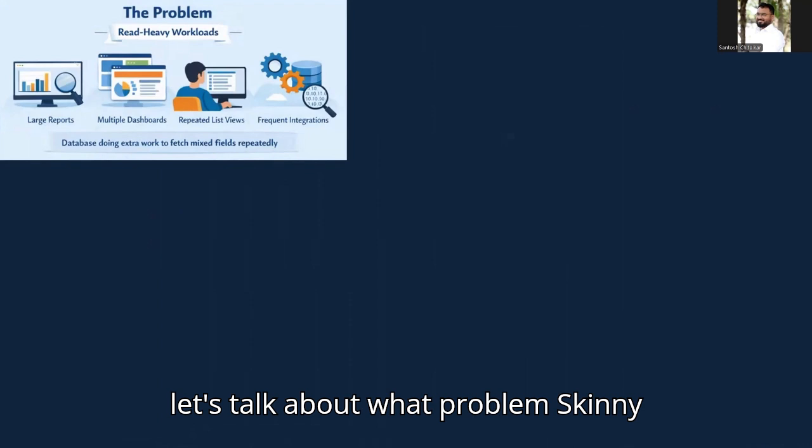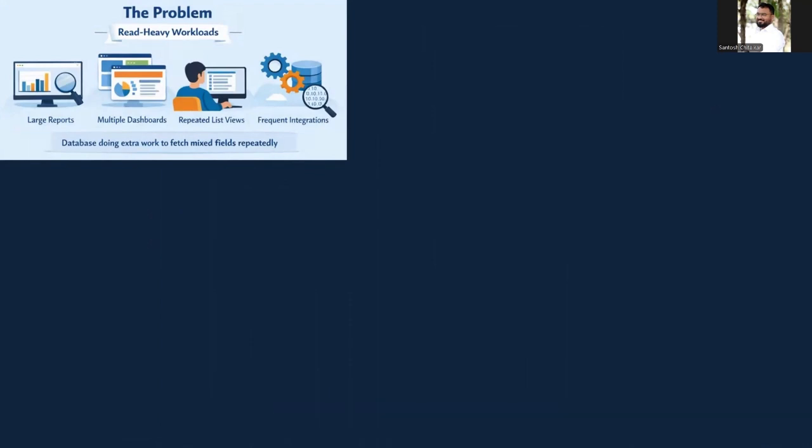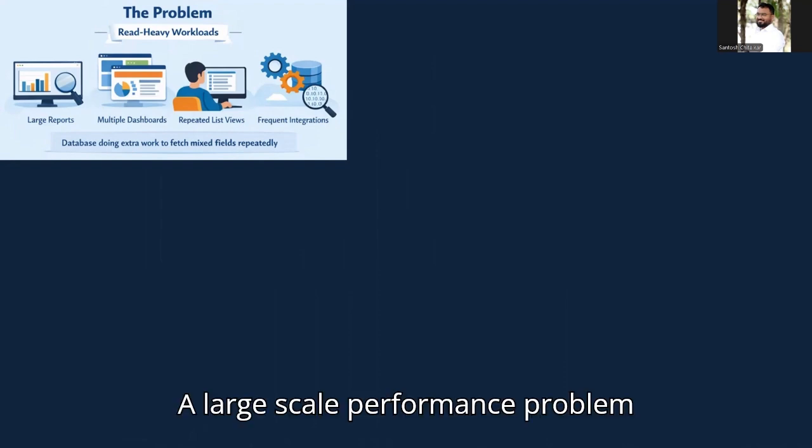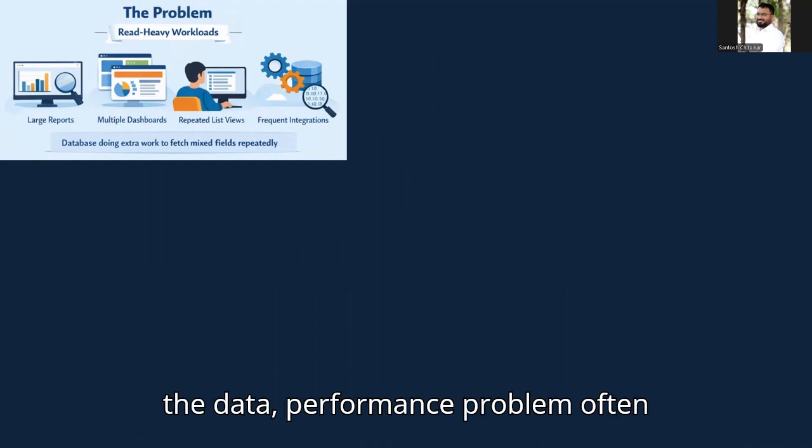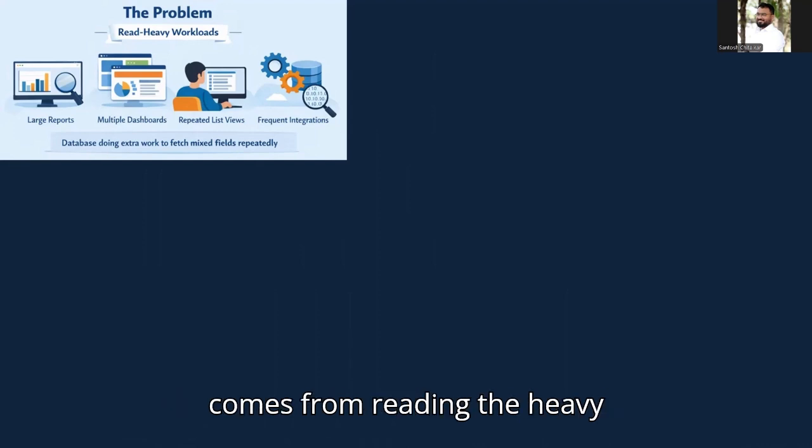Now let's talk about what problem skinny table actually solves. A large scale performance problem often comes from read heavy workload. At large scale, whenever you are working with millions of records, performance problems often come from heavy read workload.